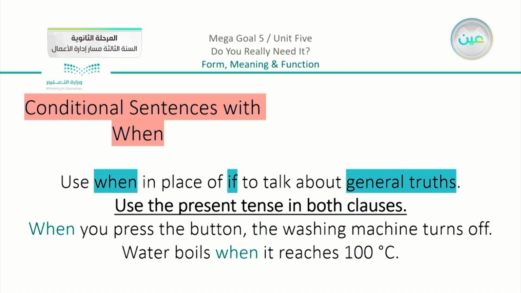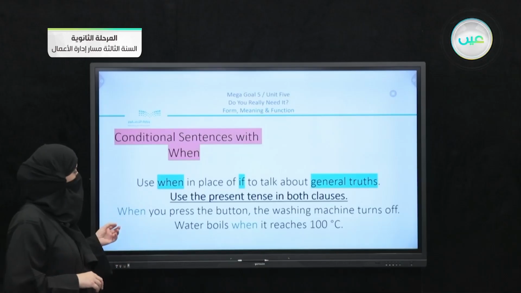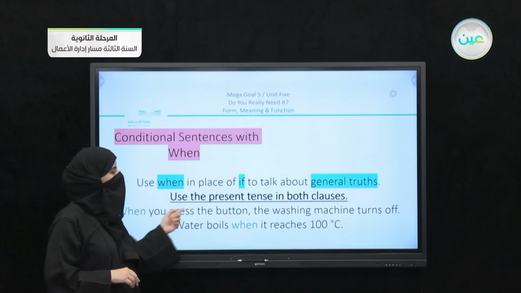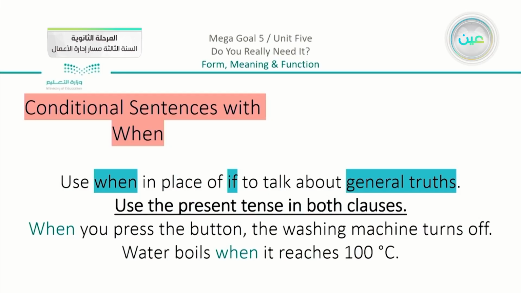So use when in place of if to talk about general truths. Put in mind that we are still talking about general truths. We are going to use the present tense. There's nothing that has changed. And we have the second example: water boils when it reaches 100 degrees centigrade, instead of saying water boils if it reaches 100 degrees. You can see that it is the same meaning, nothing changes. So it's just a matter of replacing.